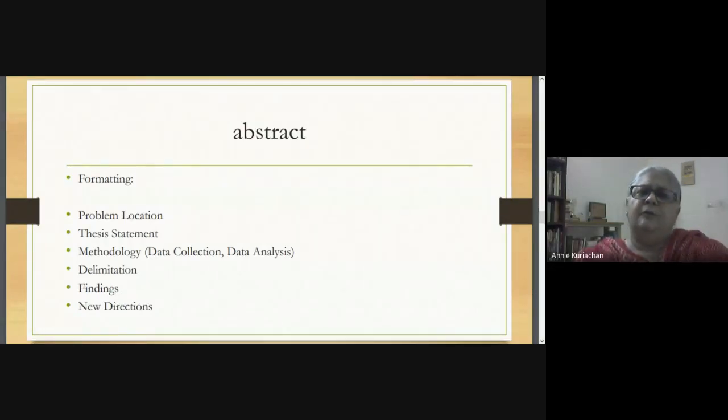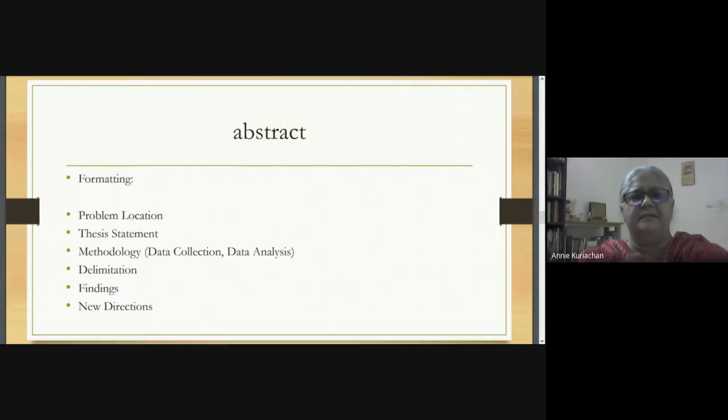Now, something that we have to keep reminding ourselves is that the abstract is written at the end of the work. After you finish your work, after you finish your analysis and everything, when you write your conclusion, that's when the abstract comes into being, not before that. But you locate the abstract right at the beginning of your paper as a small paragraph.